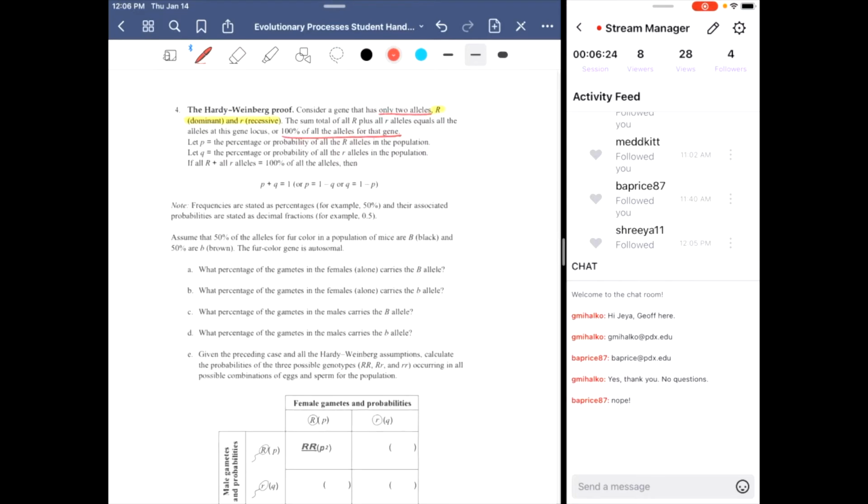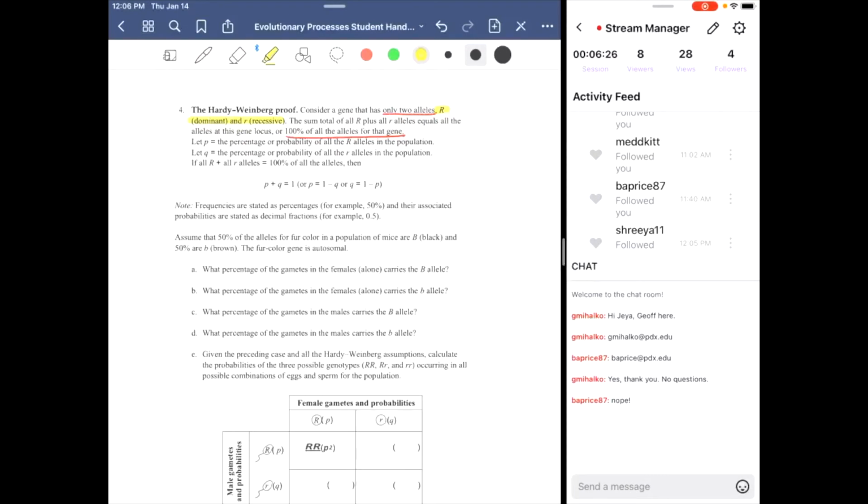So that gives us this relationship. And this says that the dominant plus the recessive gives us the total alleles for that gene.